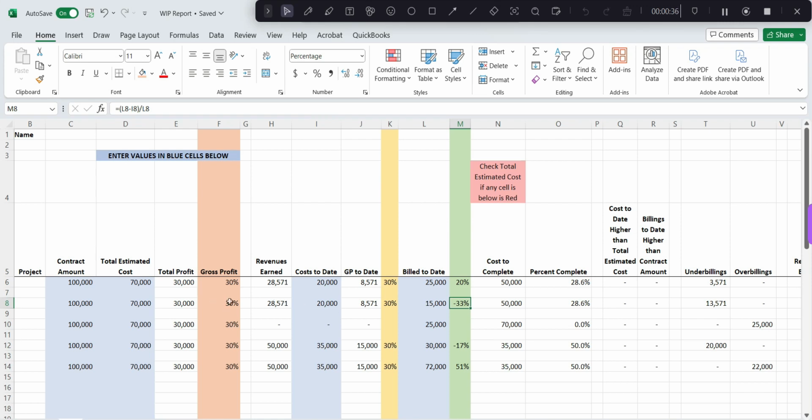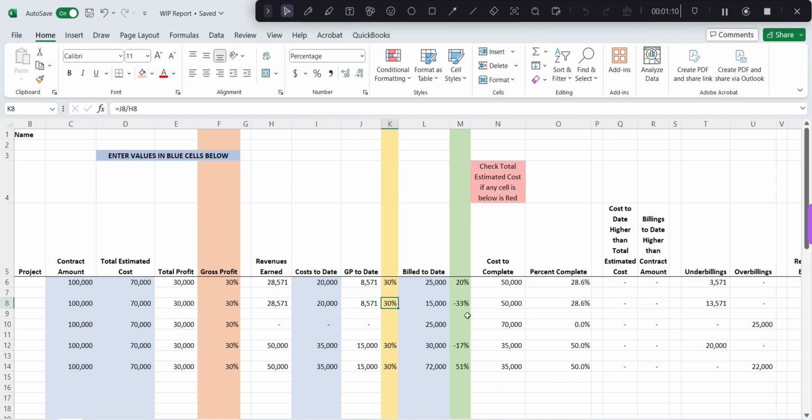We expect 30% gross profit, and we're going to recognize 30% gross profit. So underbillings, again, in this case, because clearly positive 30% is greater than negative 33%. Your billings to date plus your underbillings is $28,571. Calculate gross profit based off of the revenues earned and the cost to date. You're at 30%, so you match.